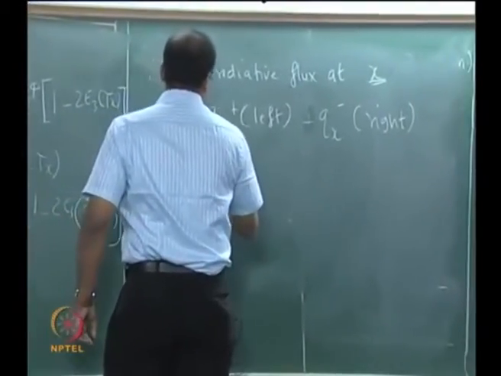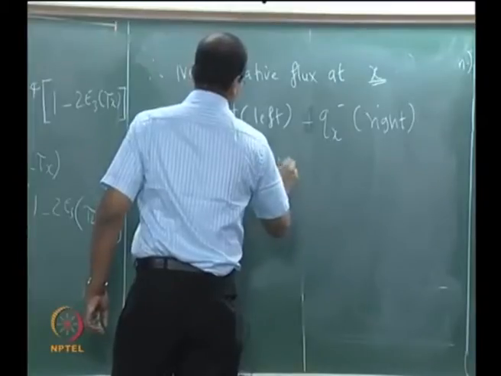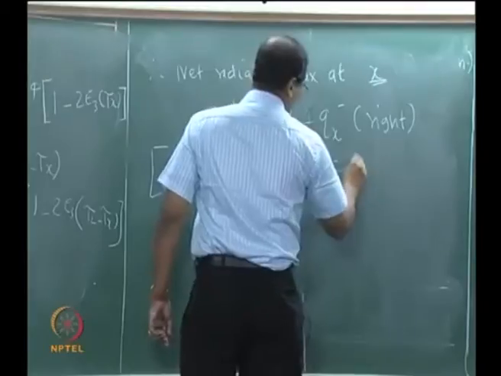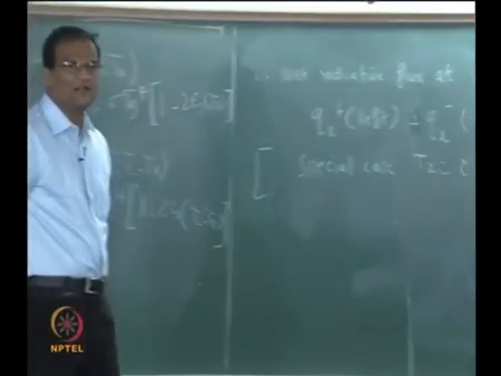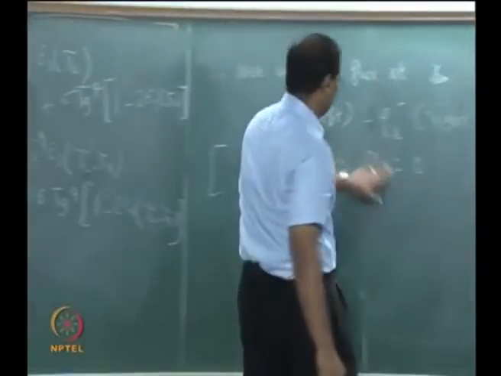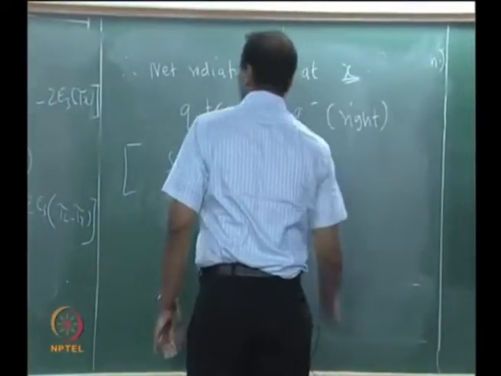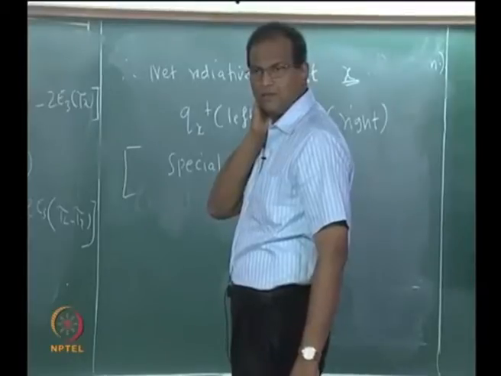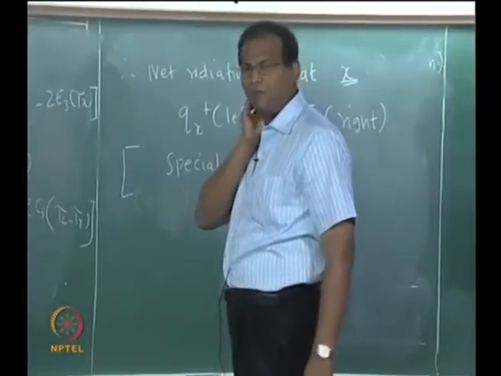So I will do something on the board. Let me take the special case tau of x equal to 0. What is E3 of tau of x? 0.5.